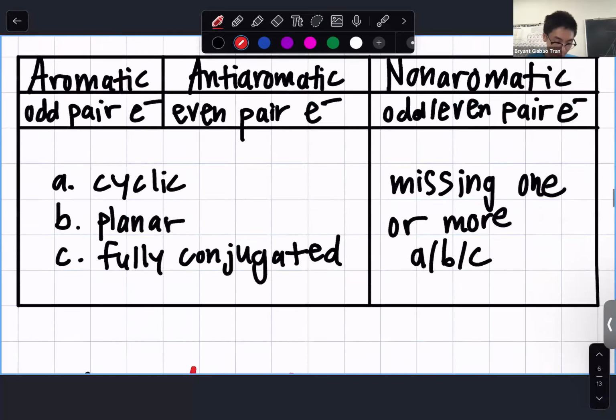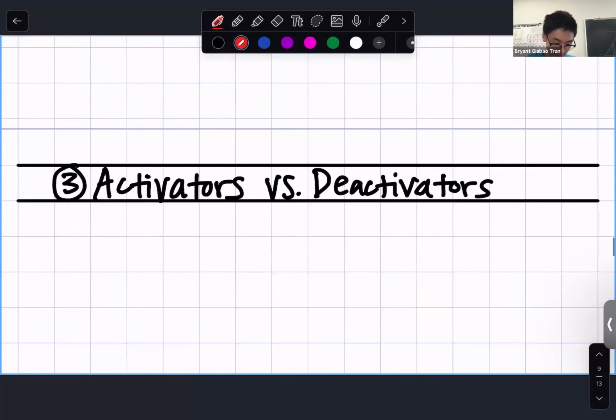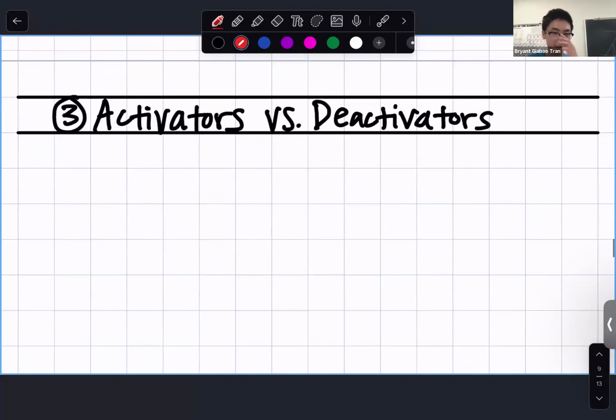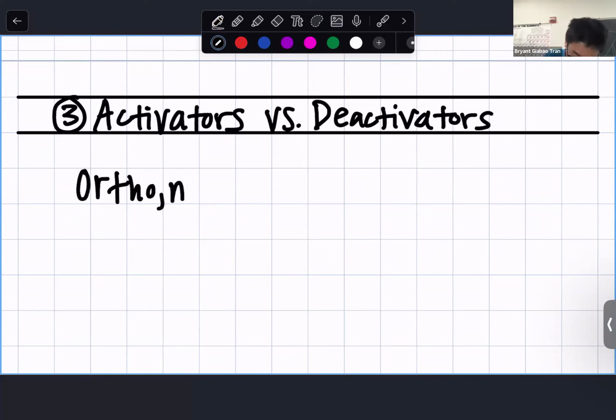So the next thing we're going to go over is activators versus deactivators. Right. So before we go over that, let's go over ortho, meta, and para position.